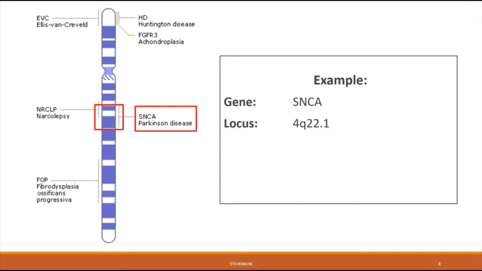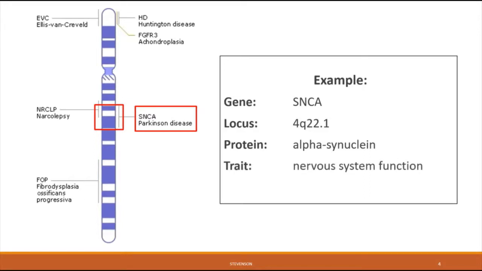And this section of DNA at this particular locus encodes instructions for making a protein called alpha-synuclein. You may remember that alpha-synuclein is a protein that is implicated in Parkinson's disease, and therefore the trait that it encodes is something to do with nervous system function.